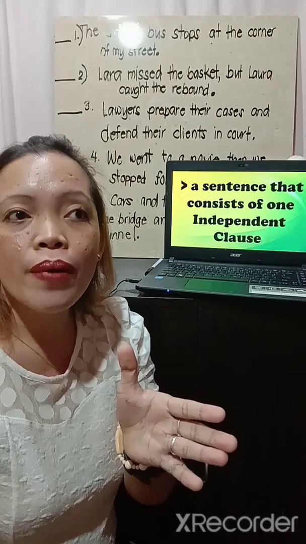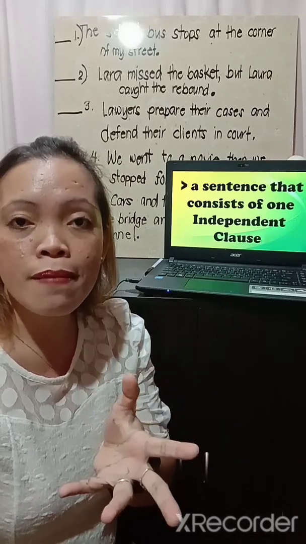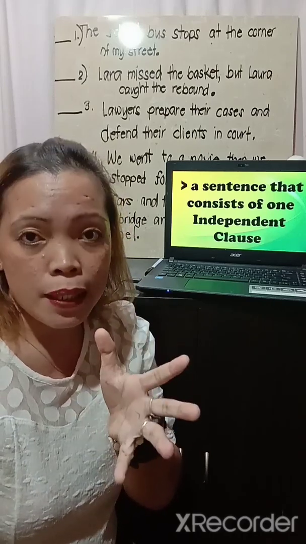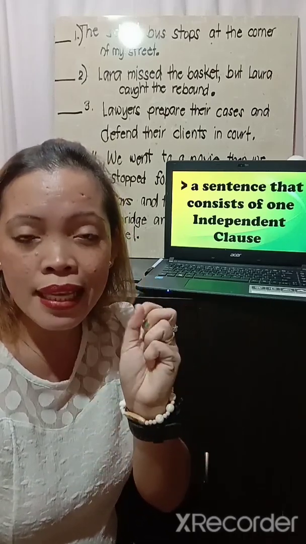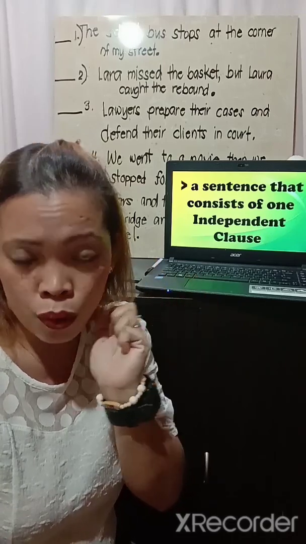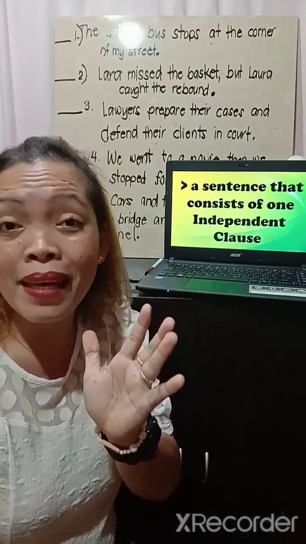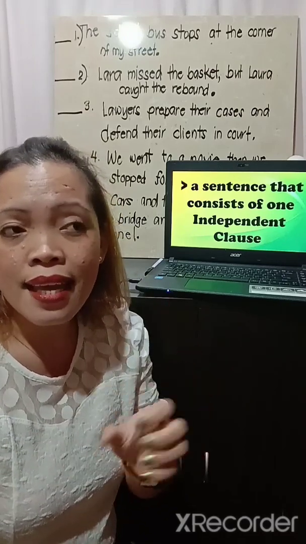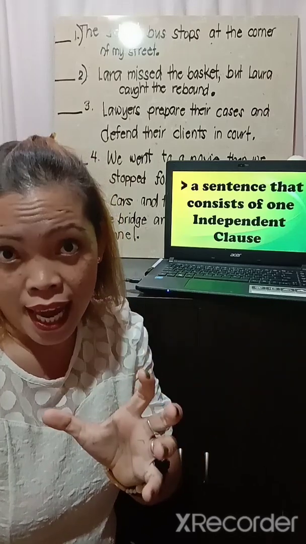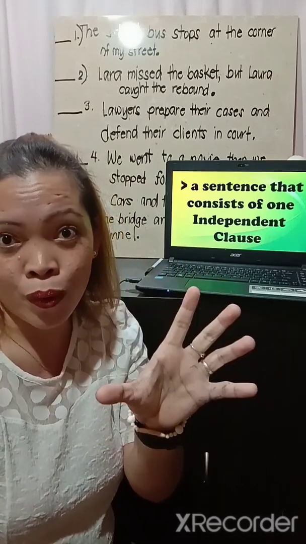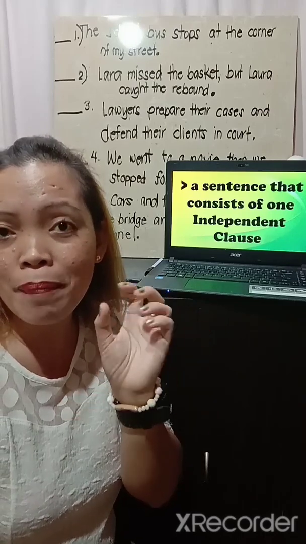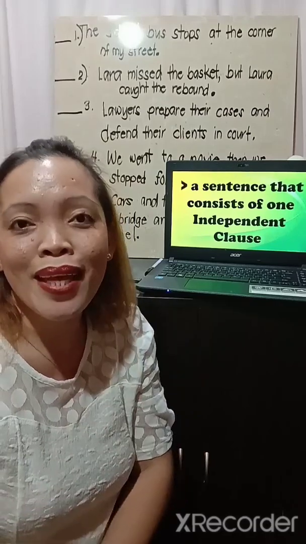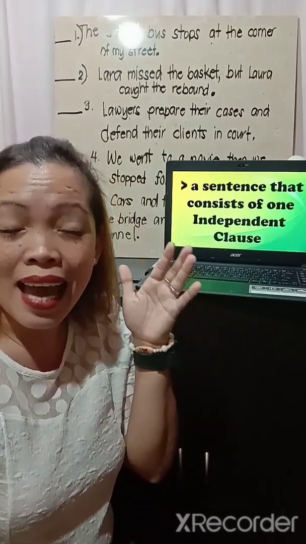An independent clause is a group of words that expresses a complete thought. So a simple sentence has a subject and a predicate that expresses a whole thought. An independent clause is also a standalone sentence. That is what we mean by independent clause.